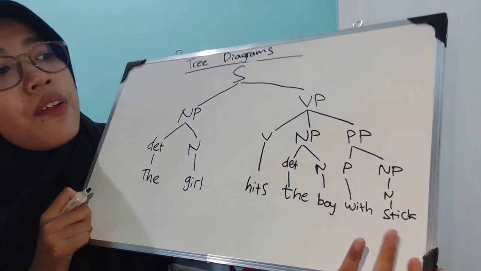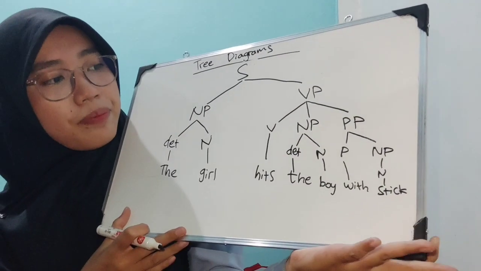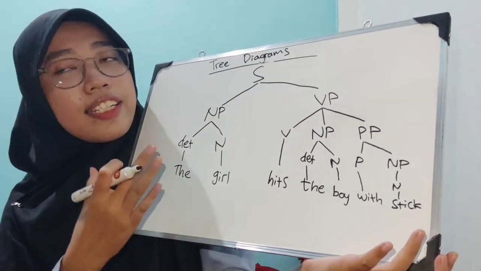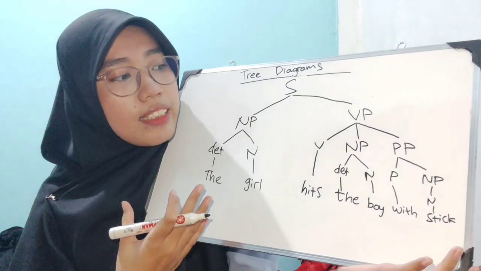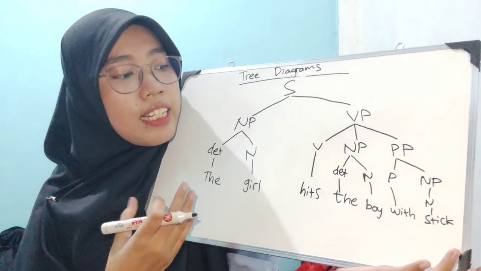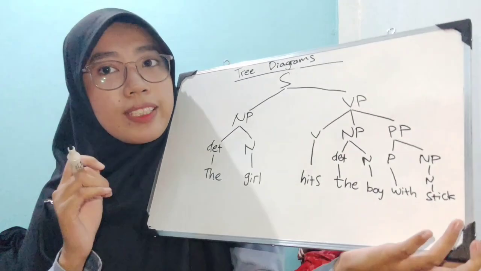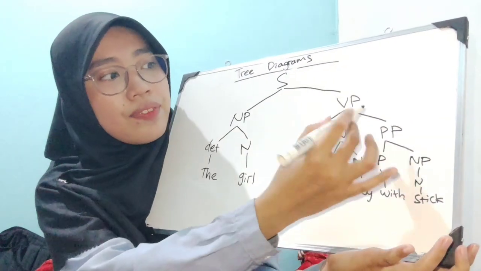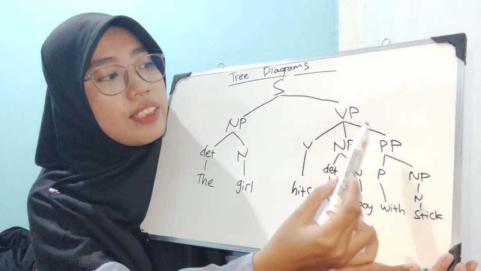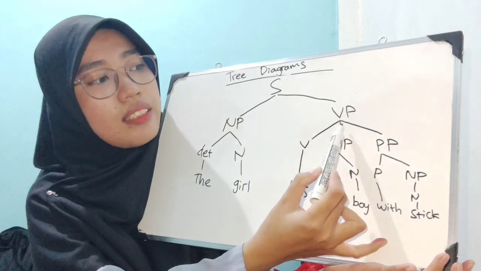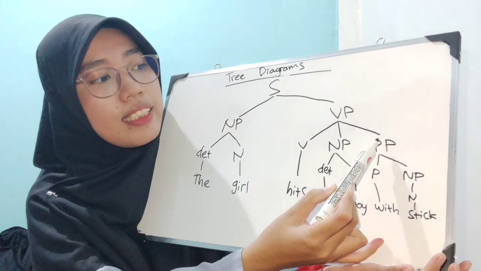So when we see this tree diagram, we can learn that the meaning of the sentence is that the one who holds the stick is the girl. Here, because the preposition phrase belongs to the verb phrase, this line is here.